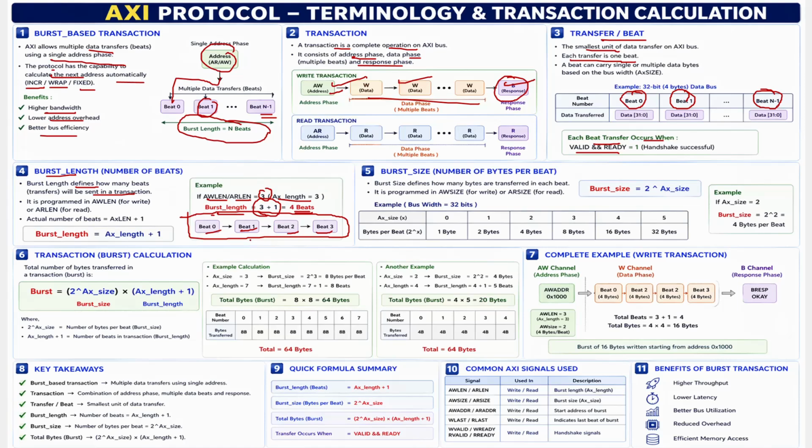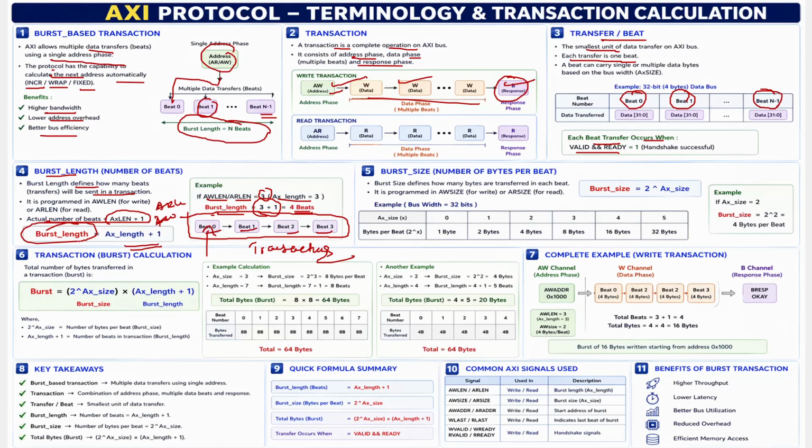Clear? So here this is the transfer and this is the transaction. All data are transferred, and that is one transaction. So the actual number of beats is AX length plus 1. AX length is nothing but AR length or AW length, any length you can send, write address length or read address length. Plus 1, we can calculate the burst length.